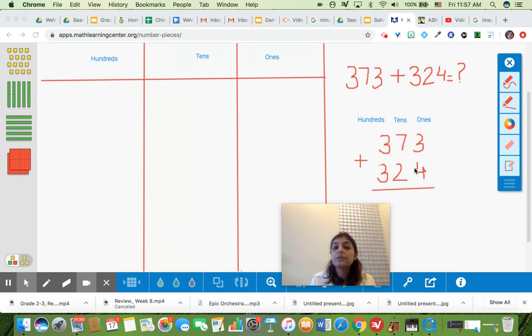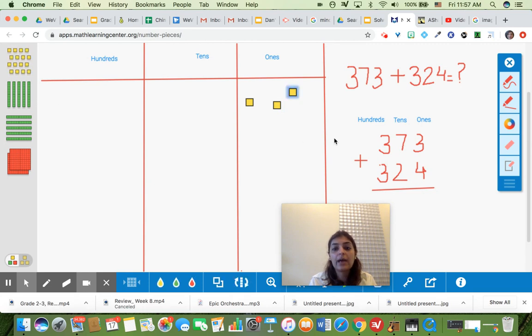Now, what's the first step in adding any two given numbers? We need to add the ones first. So we start adding the ones. Let's look at the number 373. So we need 3 ones. 1, 2, 3.